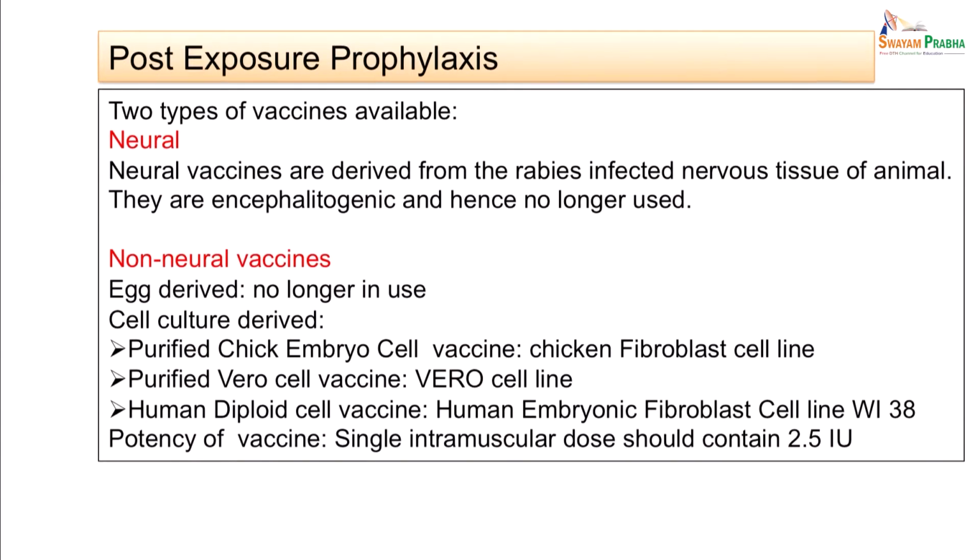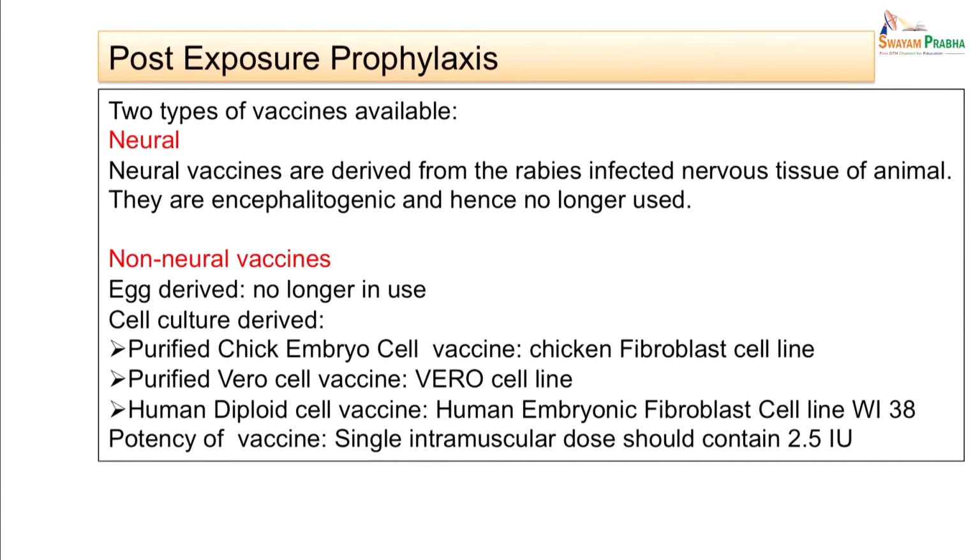Non-neural vaccines are again of three different types: egg derived vaccines, recombinant vaccines and cell culture derived vaccines. The egg derived vaccines are prepared using either duck egg or embryonated chick, but these vaccines are not highly immunogenic and are no longer in use because better vaccines are available. Recombinant vaccines are still not available for human use. So, the most commonly available vaccines for human use are the cell culture derived vaccines.